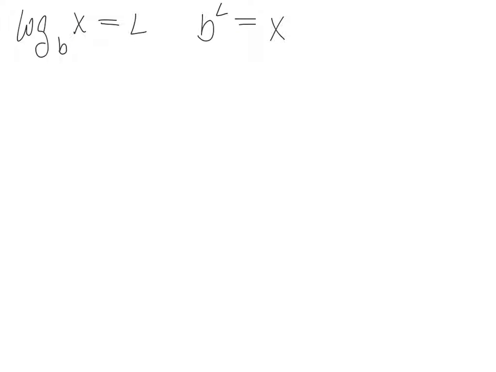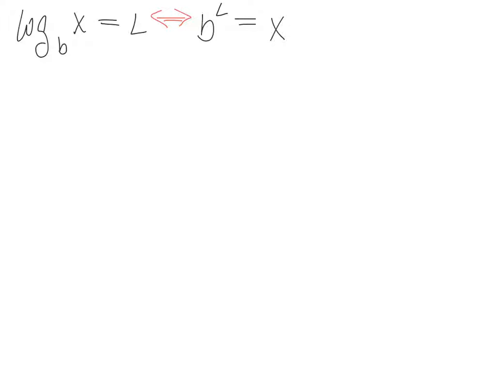Okay, if we get into a definition of the logarithm base b, I just gave you log base b of x equals L. I grew up saying log base b of x equals y, but that's okay. We can use different letters. These two are equal, so that means b to the L equals x.